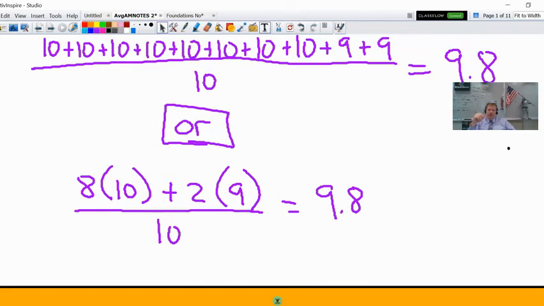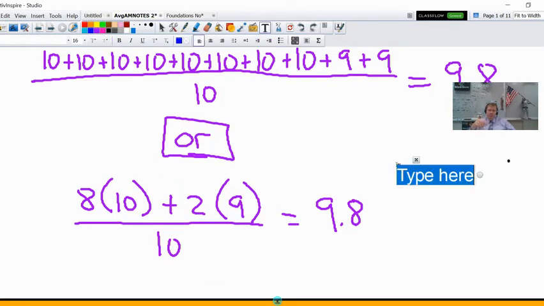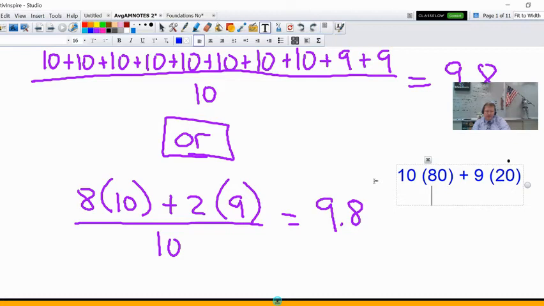There's also a third way we could do it. I'm going to type this in here right now. The number 10 is 80% of the sample, and the number 9 is 20% of the sample. And since those are percentages, we would divide by 100 afterwards.